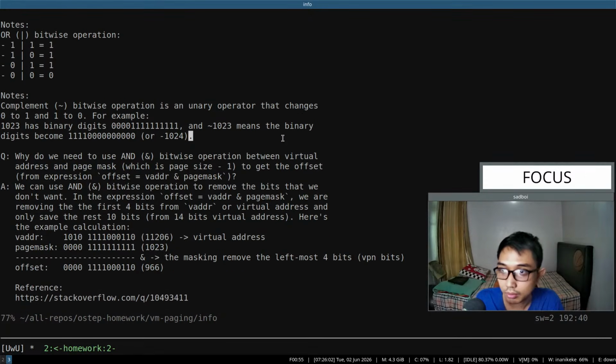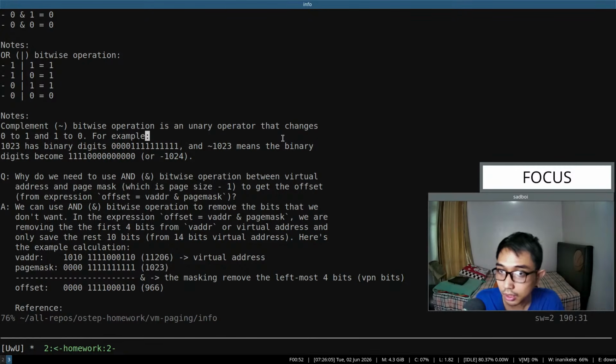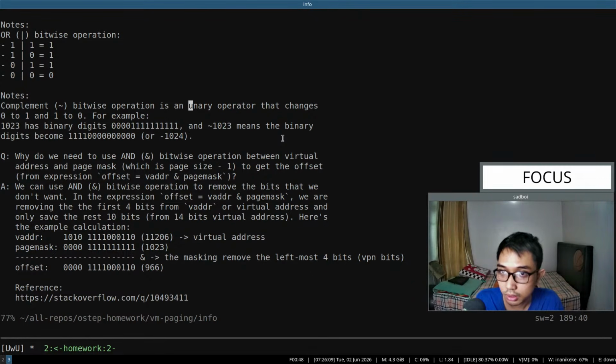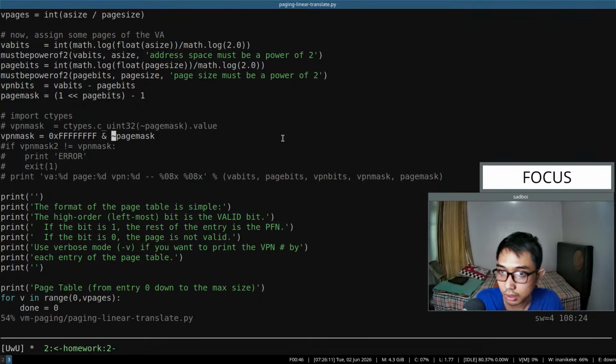So yeah, I'm trying to explain what's going on, I guess, with this instruction, something like that.